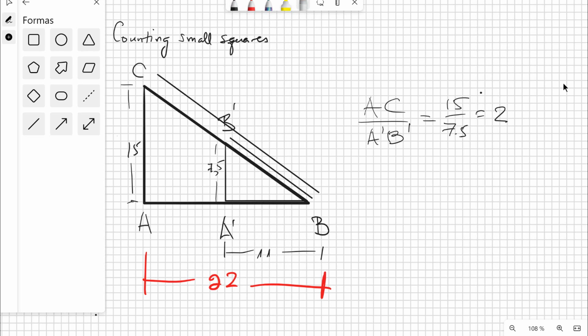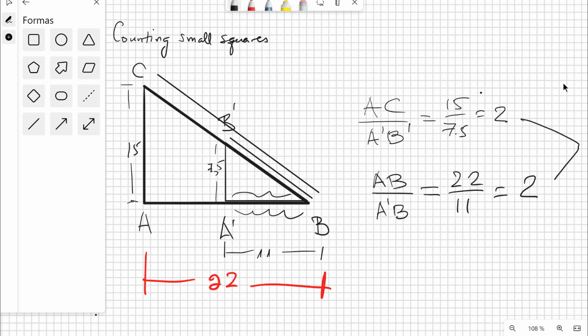And check now the relation between this and this. I mean, one of the sides of the bigger one, AB divided by A prime B prime, gives us 22 divided by 11.